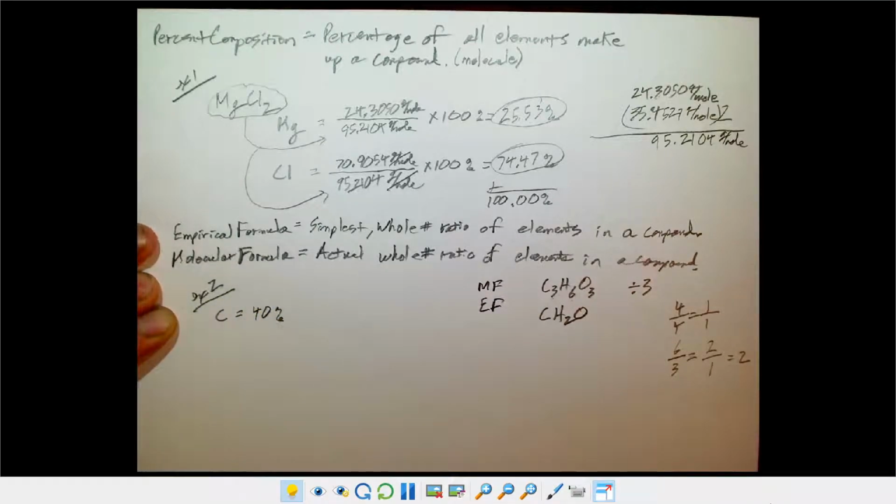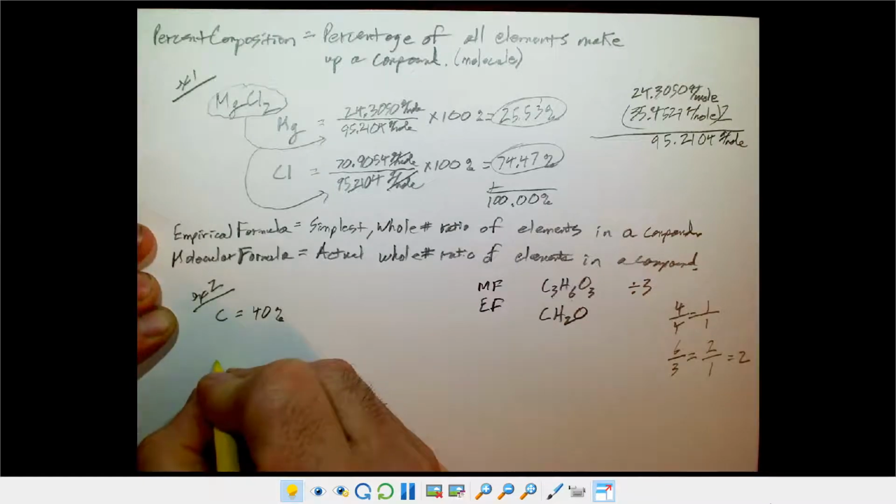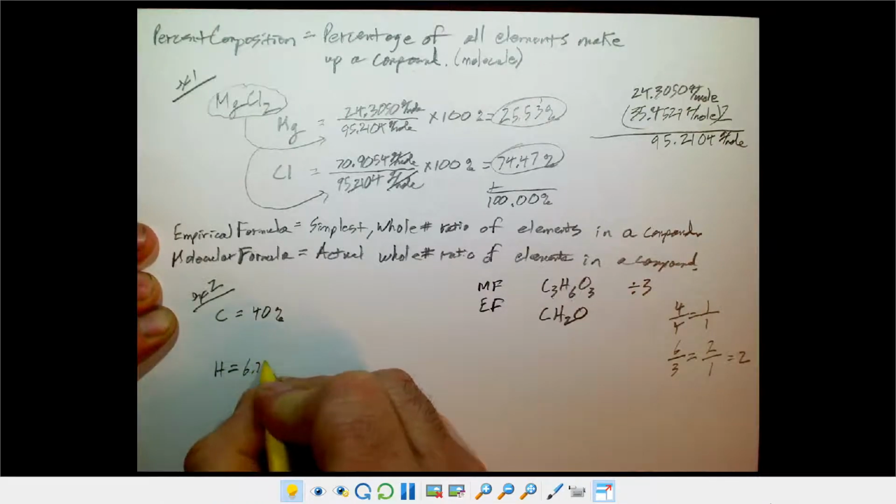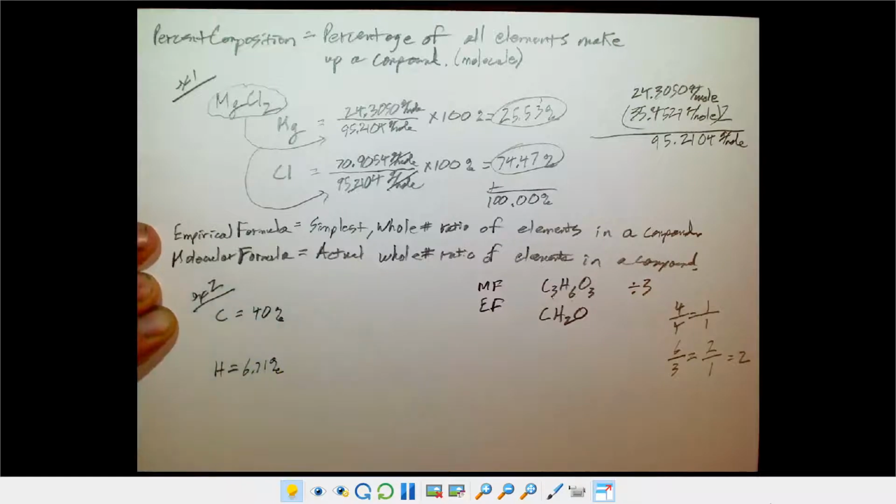And the amount of hydrogen is equal to 6.71%. And let's say that the amount of oxygen, because oxygen is also going to be in this compound, is going to be the remainder, which would be 53.29%. And all of those would add up to your total of 100.